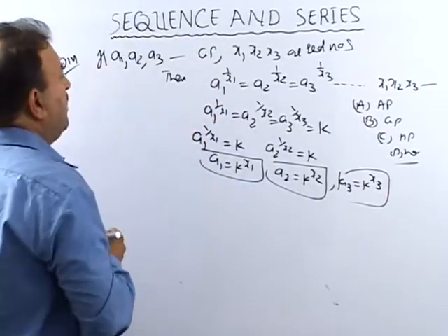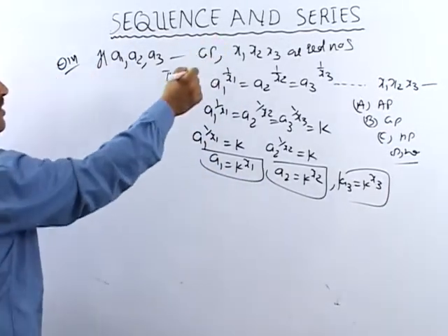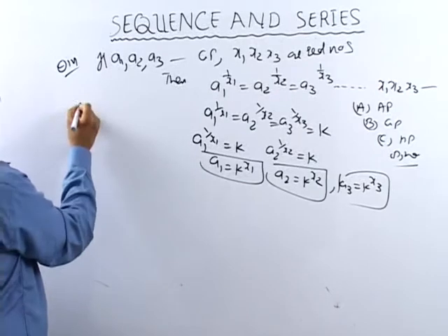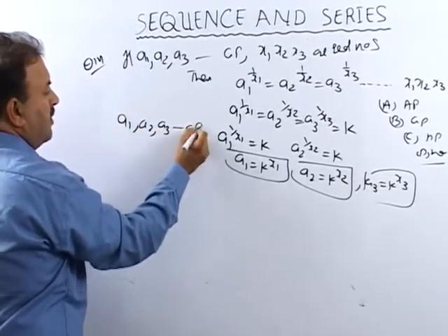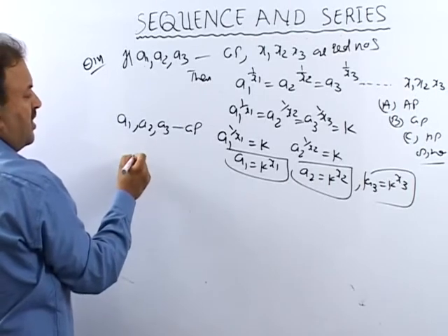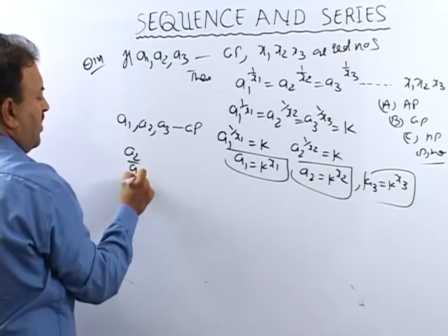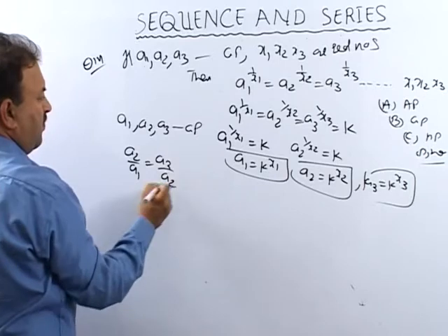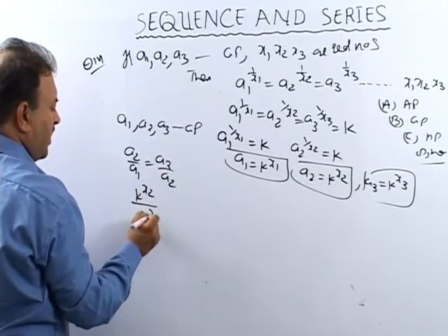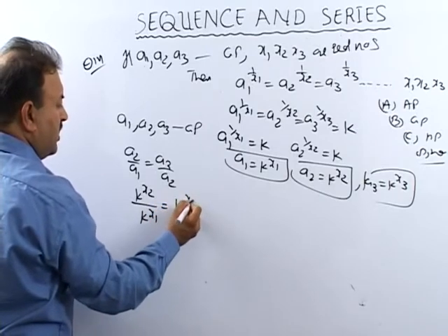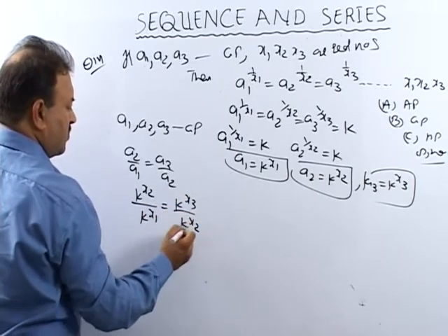Now we have taken that all numbers are in GP. We have taken the first three numbers only. That means a1, a2, a3 are in GP, which means a2 over a1 is equal to a3 over a2. It comes out to be k to the power x2 over k to the power x1, equal to k to the power x3 over k to the power x2.